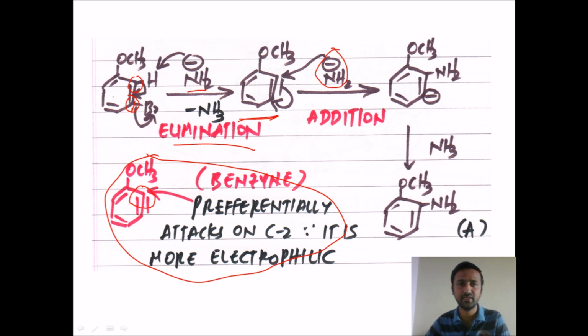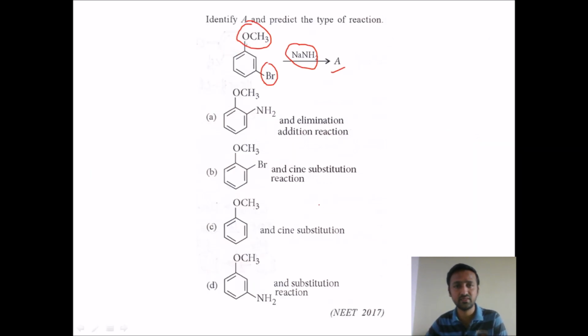NH2 minus will attack the second carbon, and simultaneously it abstracts a proton, resulting in the formation of the compound here, ortho-methoxyaniline. So you can see the structure now, ortho-methoxyaniline.